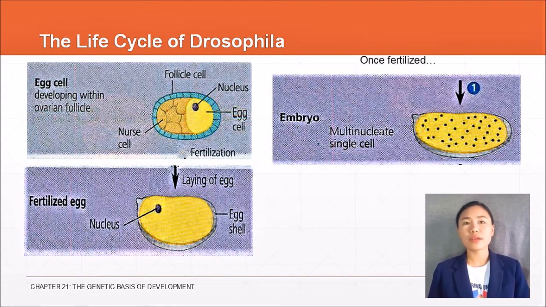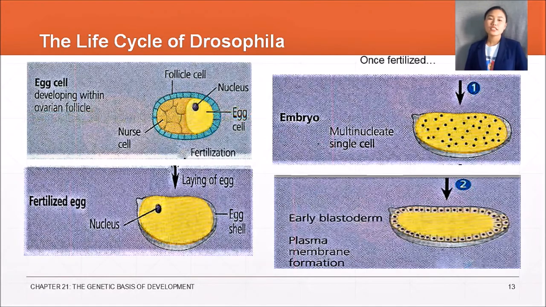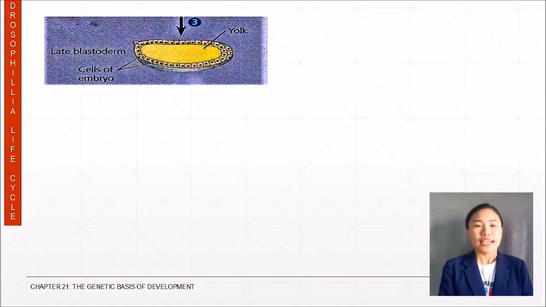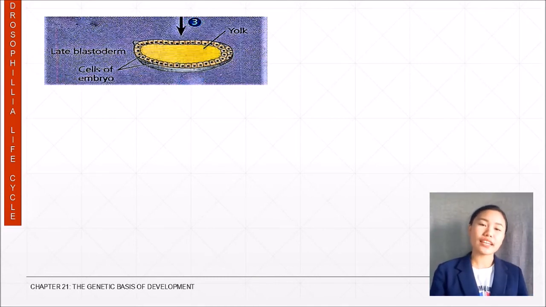Therefore, our embryo is one big multinucleate cell. In the 10th nuclear division, the nuclei begin to migrate to the periphery of the embryo, forming a blastula-like stage, which we call the blastoderm. Then the plasma membrane develops around each nucleus, separating them into cells.